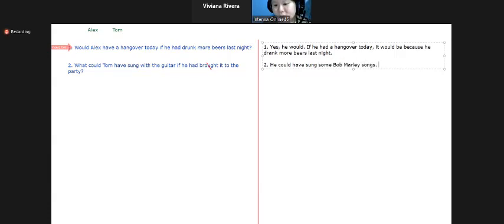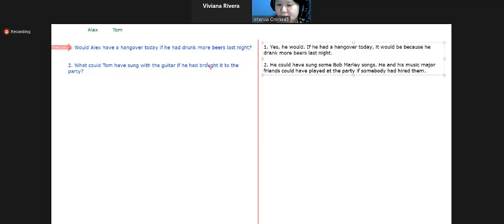Okay, now, esa sería la respuesta, pero la idea es intentar usar la gramática, right? So I can say, he and his, I don't know, music major friends could have played at the party if somebody had hired them.